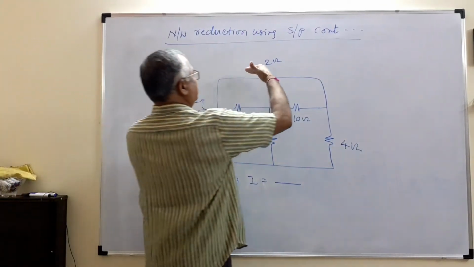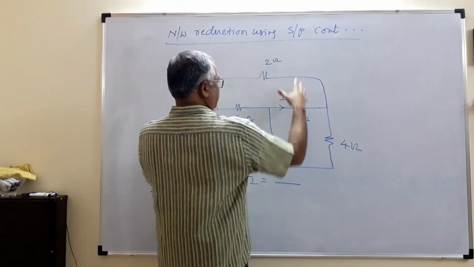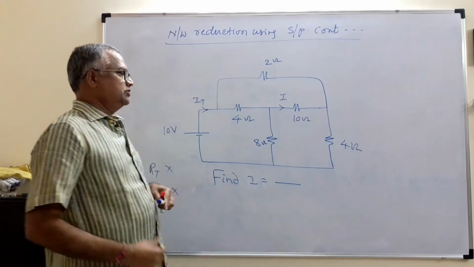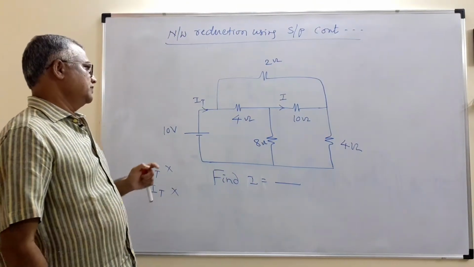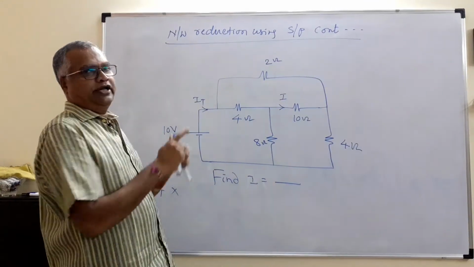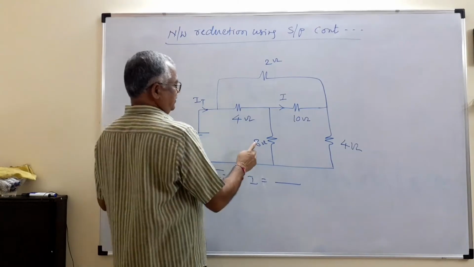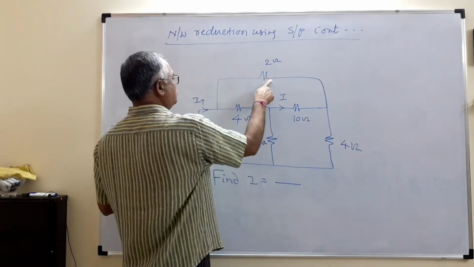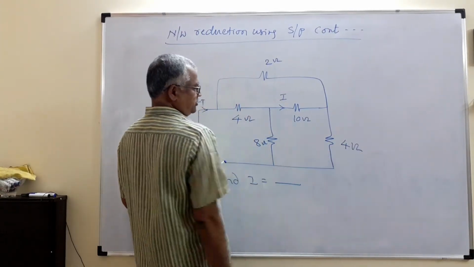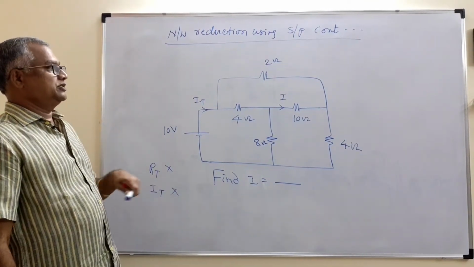So if you imagine this 2 ohm drawn like this and 4 drawn like this, then it looks like a real bridge. So in most exams, they give a bridge circuit, but it won't look directly like a bridge circuit, so you have to observe carefully. So 8 into 2, 16, 4 into 4, 16. It is a bridge network, not only bridge, it is balanced.